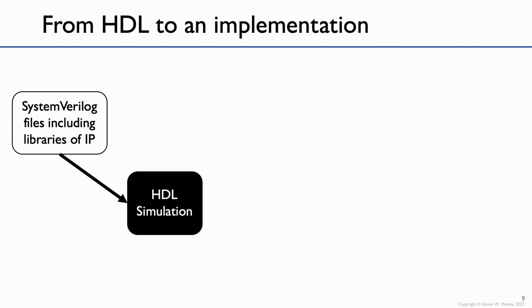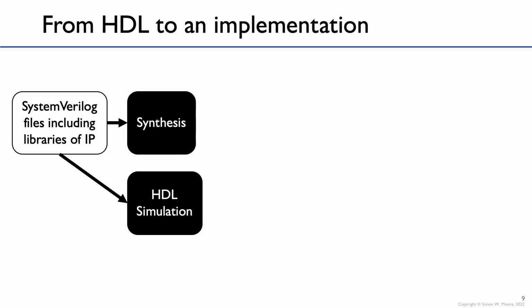If we then want to implement it, we go through the following steps. First, we synthesize the design. This is analogous to compiling a high-level software language, but here we're taking our SystemVerilog text and turning it into gates.